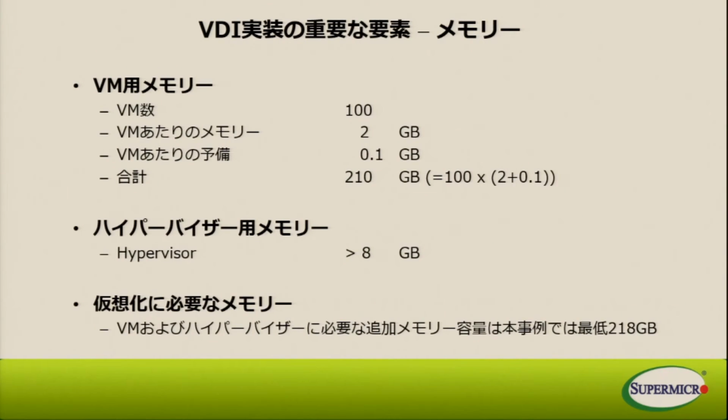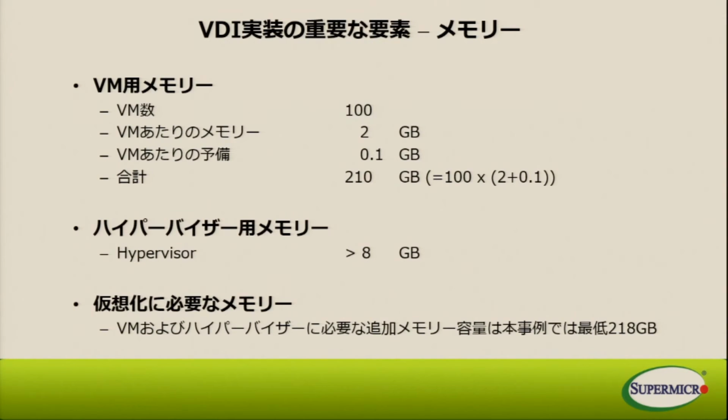Another thing is the memory. You have to calculate enough memory for every virtual machine, right? Every virtual machine is configured with 2 gigabytes or 4 gigabytes. Then you add them up, and sometimes you need some buffer for software leaks, because some software has memory leak problems. So in this case, you have 210 gigabytes required. Then the hypervisor requires larger than 8 gigabytes of memory.